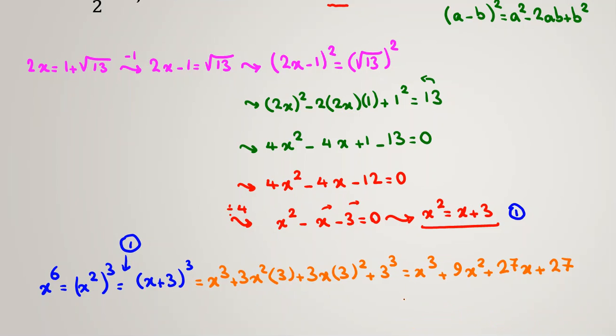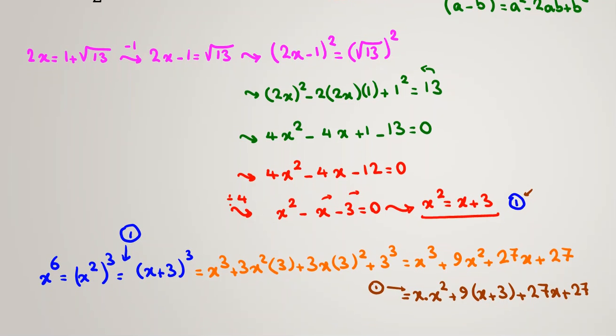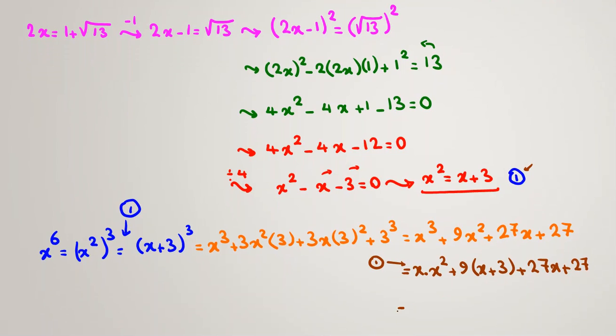Now, if I use equation number 1 again, I know that x cubed is x times x squared, plus instead of x squared here, I replace with equation number 1, x plus 3, plus 27x plus 27. And at the end, it will be x times, again, we apply equation number 1 instead of x squared here.